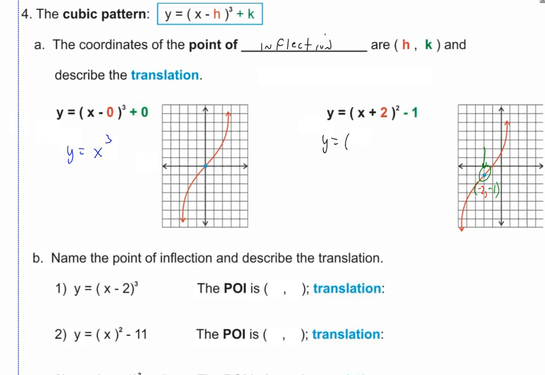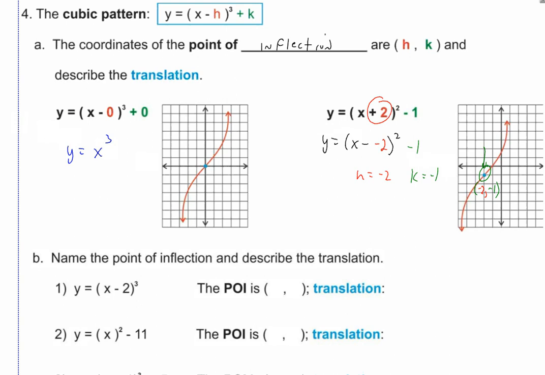And again, remember, we read the value of h after a negative sign. So h must have been -2 if this is written +2. So what's the value of h? -2. This is translated 2 to the left. And what's the value of k? -1, 1 down. And sure enough, there's the cubic translated 2 to the left and 1 down.